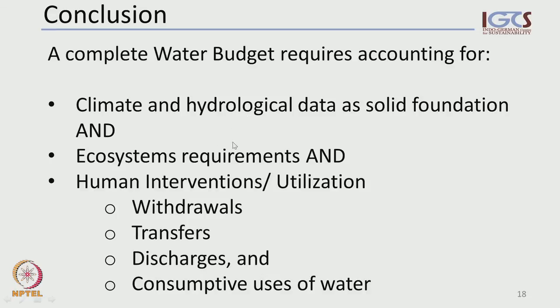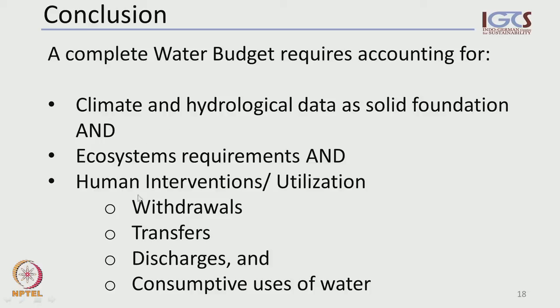And then we need to budget for or account for the ecosystem requirements in terms of water use, water utilization, and we have to factor in our human interventions, our human utilization, which means our withdrawals, our transfers into our catchment, out of our catchment, the discharges, and the consumptive uses of water.